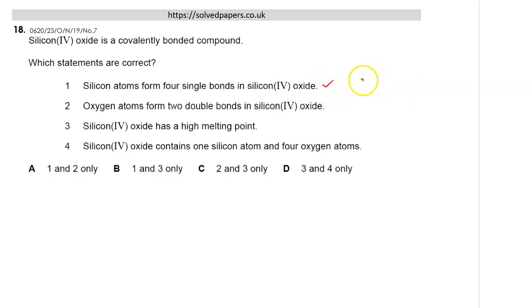Remember the electronic configuration of silicon is 2, 8, 4. So it will form 4 bonds because it has 4 outer electrons. Oxygen atoms form 2 double bonds with silicon in silicon dioxide. That is not right, because we have already said silicon forms 4 single bonds with oxygen, right?